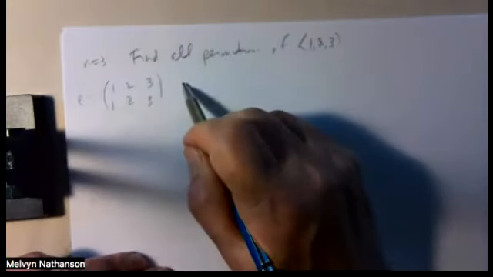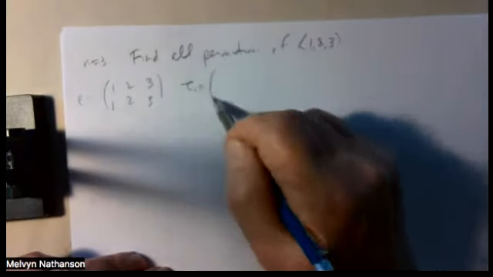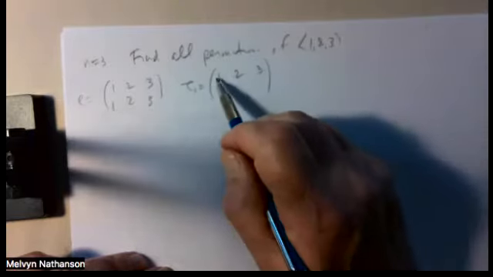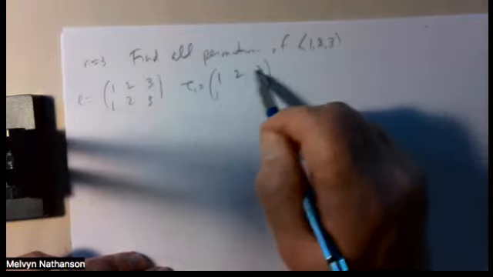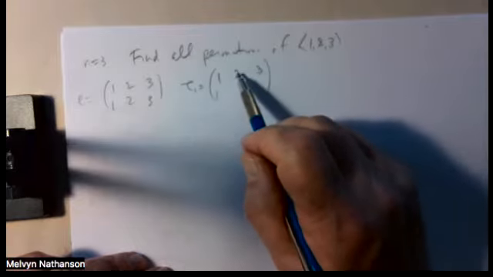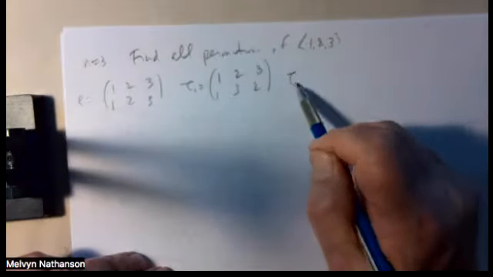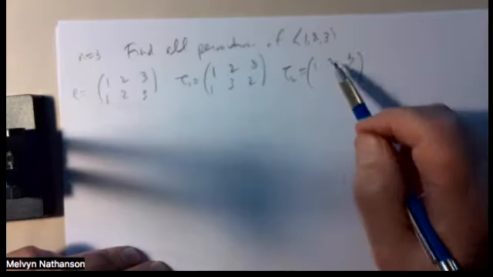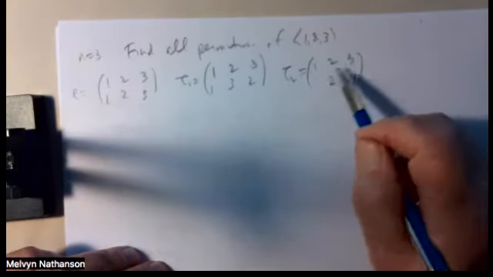Another possibility, I'll call it tau sub 1. This is the transposition where 1 goes to 1, but 2 and 3 are transposed. So 2 goes to 3 and 3 goes to 2. You can also have the transposition where 2 is sent to 2, but 1 and 3 are interchanged.